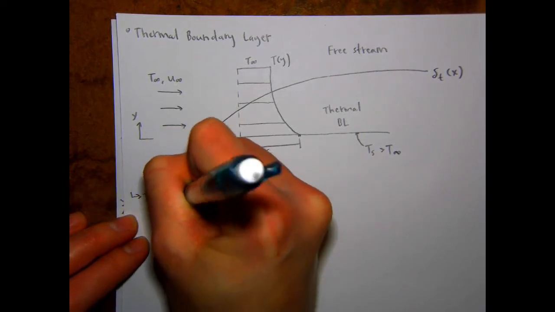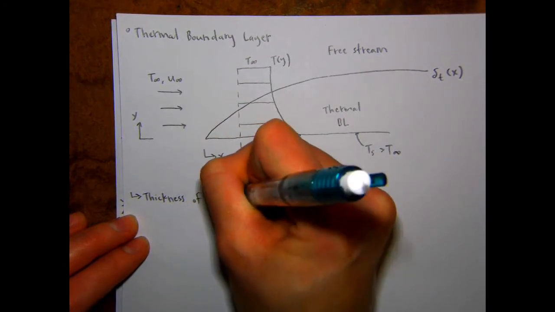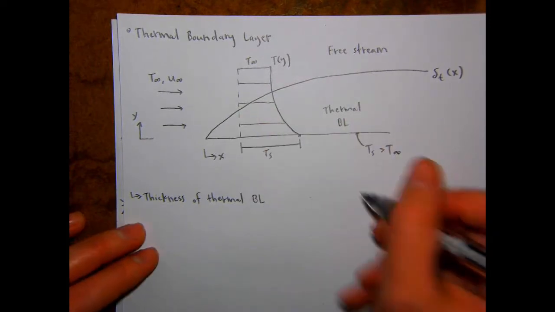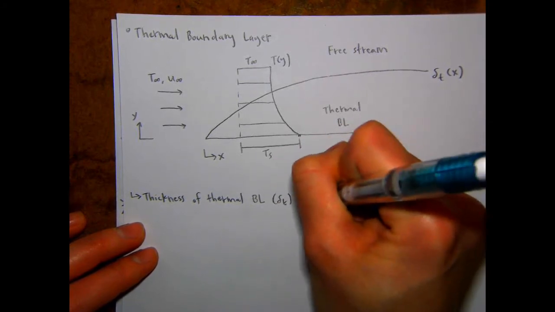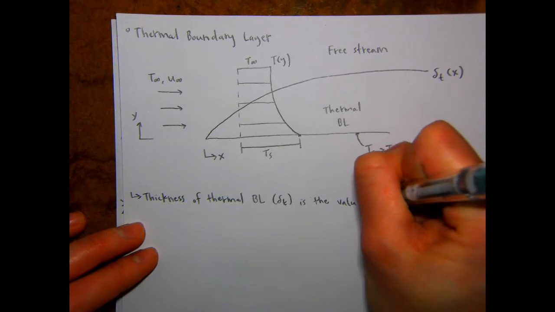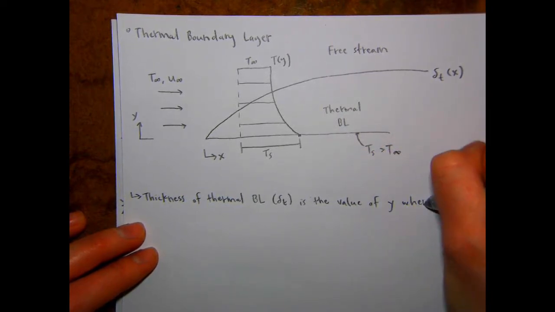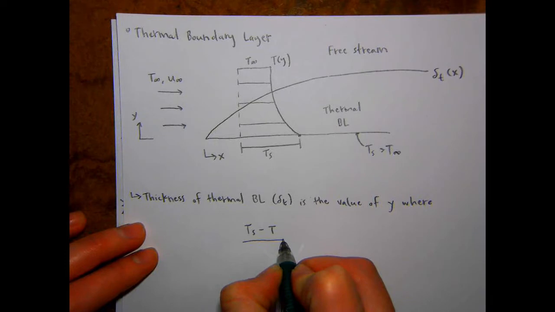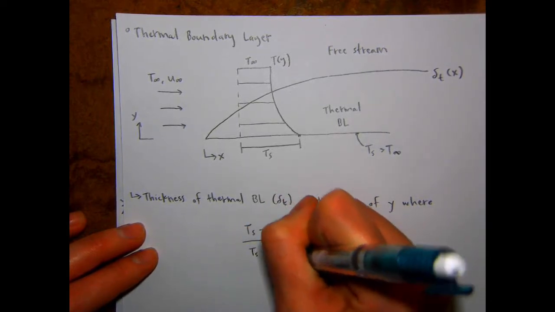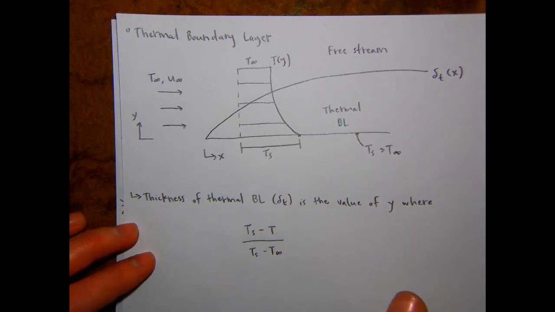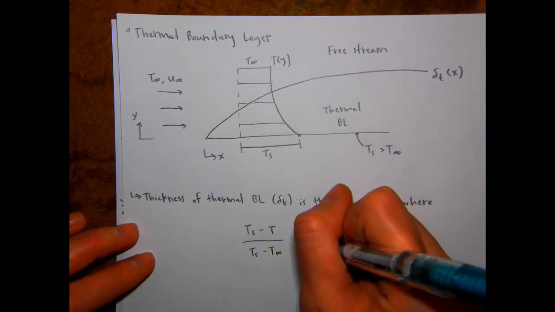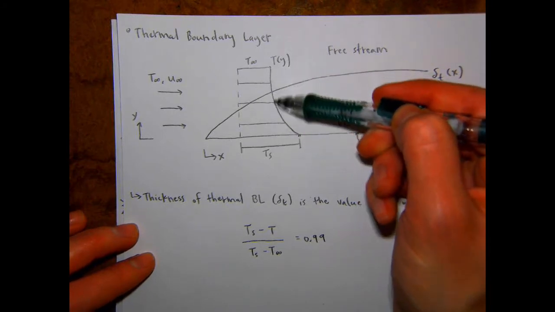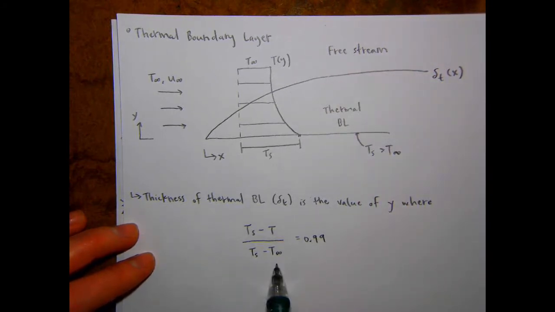So the thickness of the thermal boundary layer, del sub t, is the value of y, the y location, where, and just like before, we're going to write this in a non-dimensional way, T-surface minus the temperature in the boundary layer over T-surface minus T-infinity is equal to 0.99.